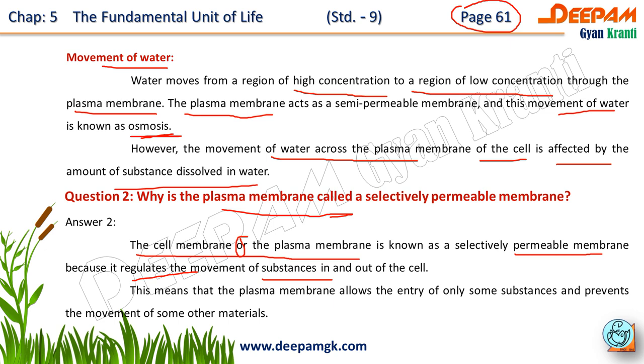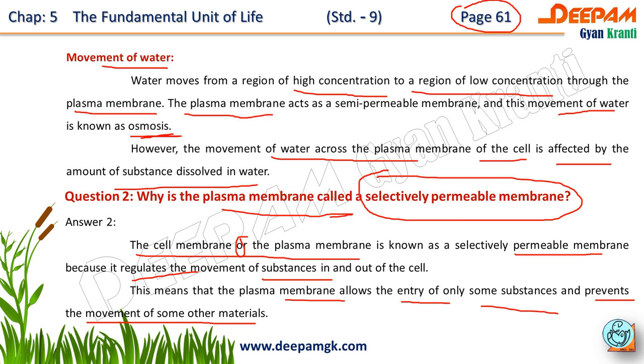This means that the plasma membrane allows entry only to some substances or prevents the movement of some other materials, so it is called a selectively permeable membrane. Only selected substances can enter into the cell.